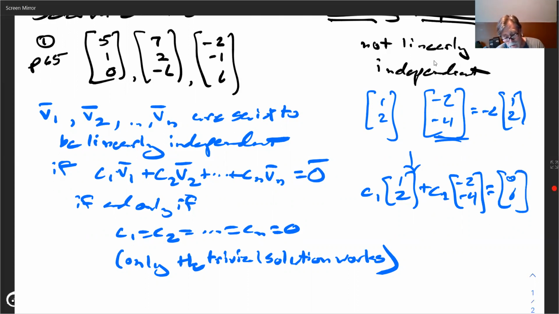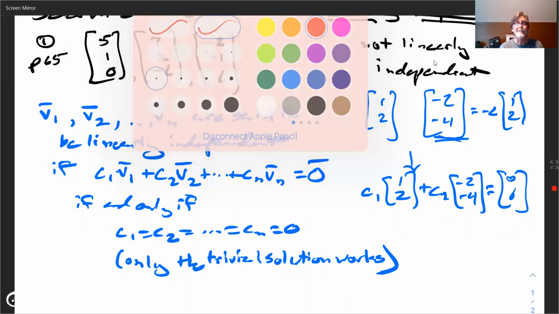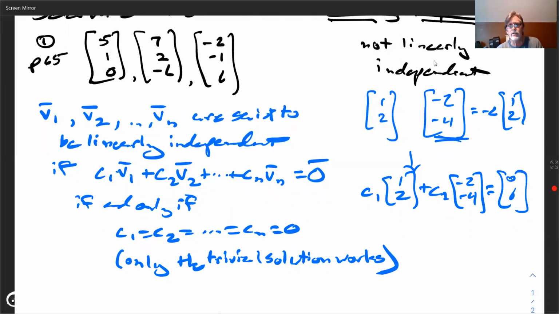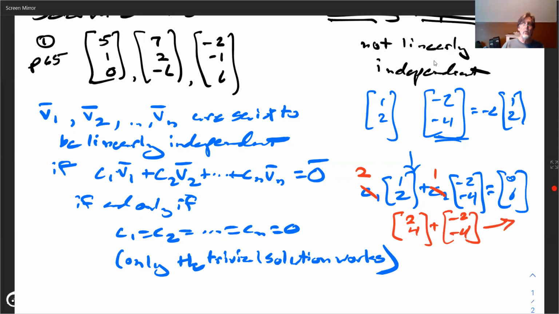Tell you what, without even doing any kind of shenanigans, we can figure it out. All you have to do is go, well, if this guy is 2 and this guy is 1, it works. Because you end up with 2, 4, and then plus, guess what? -2, -4, and it goes to 0, 0. And you know what? These guys are not 0.